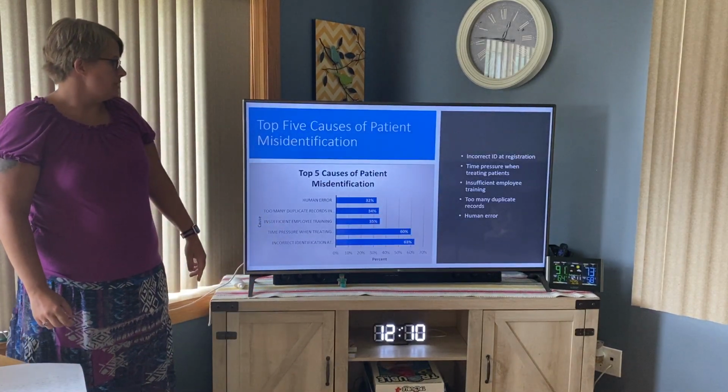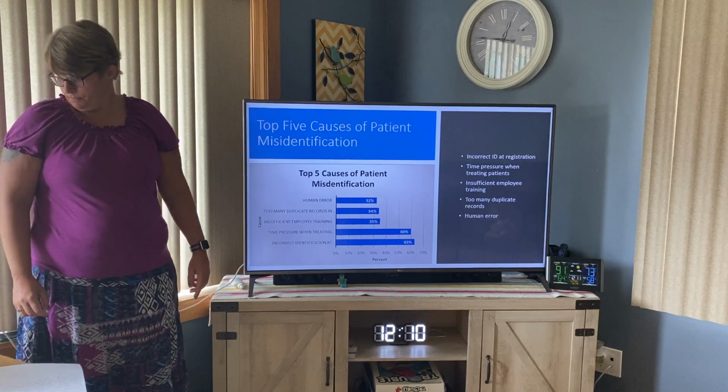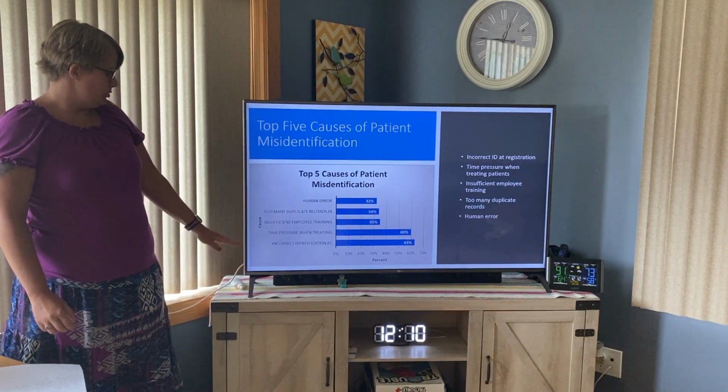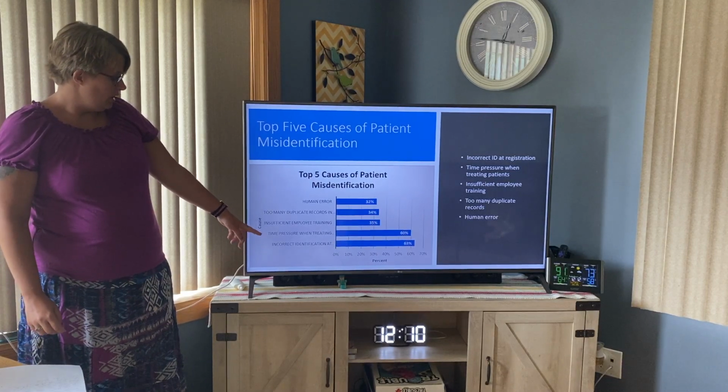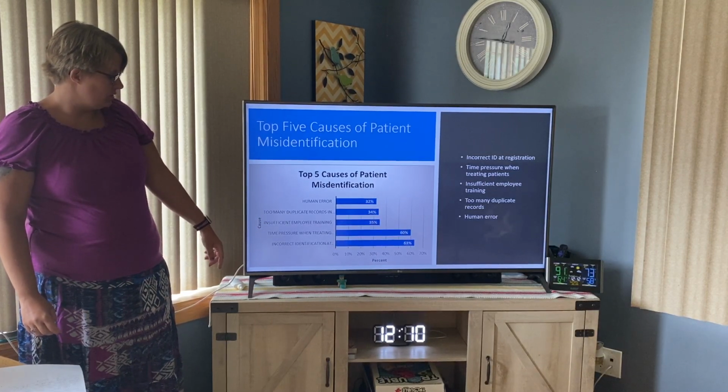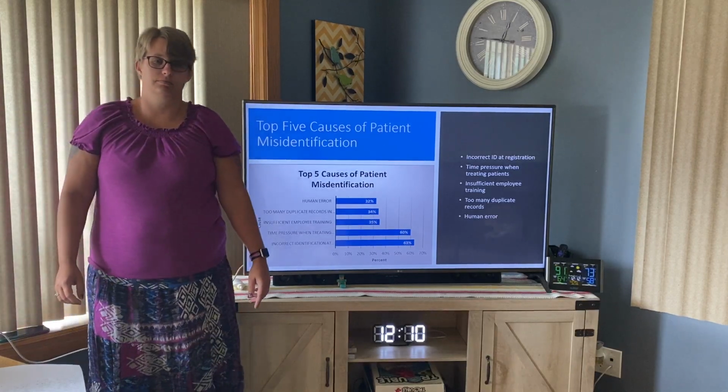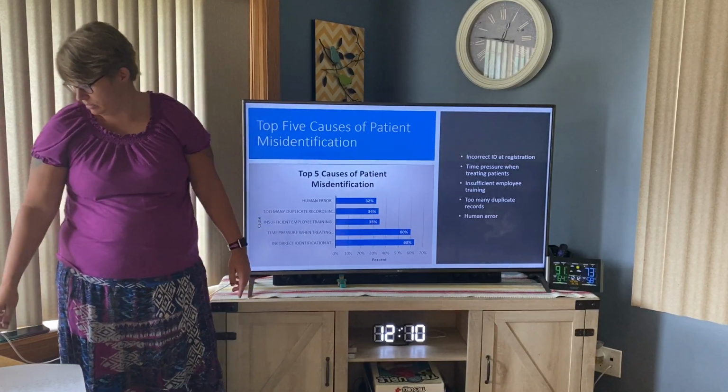These are the top 5 causes of patient misidentification. And the top 2 are incorrect identification at registration and the time pressure that medical staff feels when treating patients.